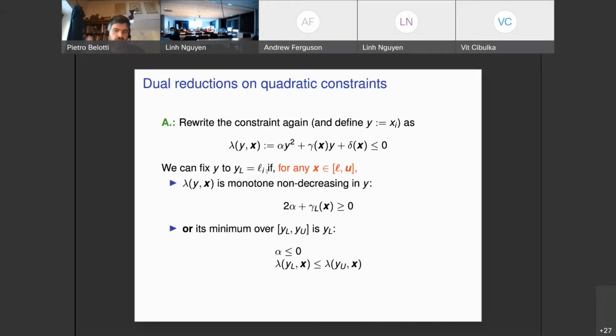Obviously, these conditions are not exactly as straightforward as for the linear case, but the generalization is relatively easy.